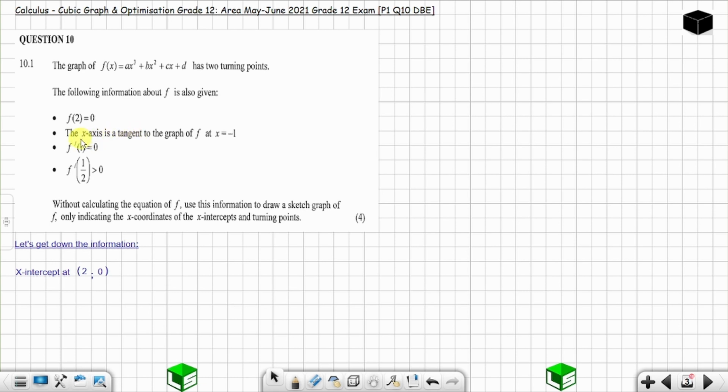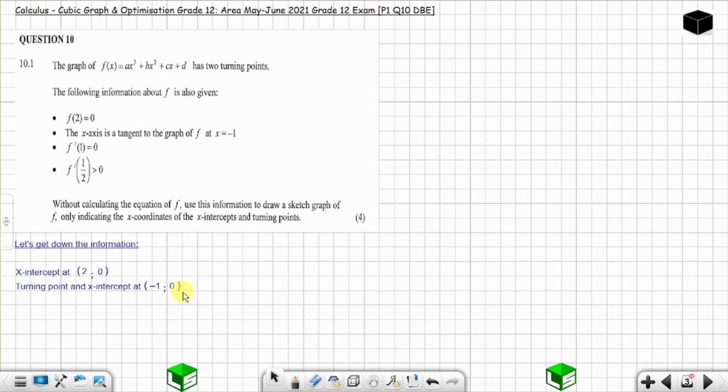So from this information, you can conclude that you have the turning point and the x-intercept at (-1; 0).